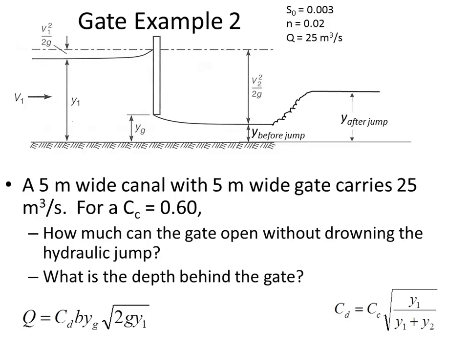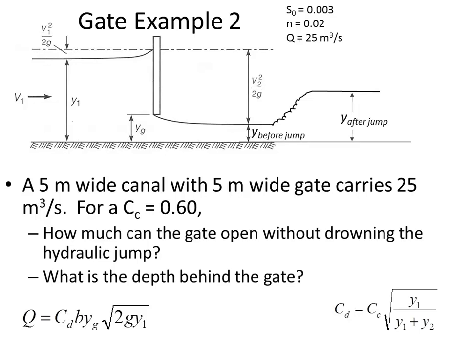So what we have to have happen is that after it contracts, it has to be less than the critical depth. And so y sub c times the coefficient of contraction, and this is y before jump.